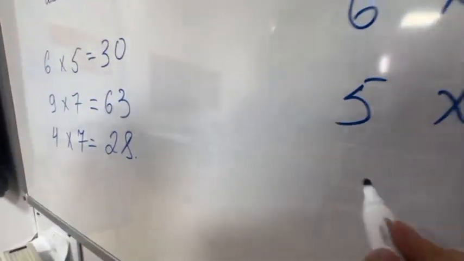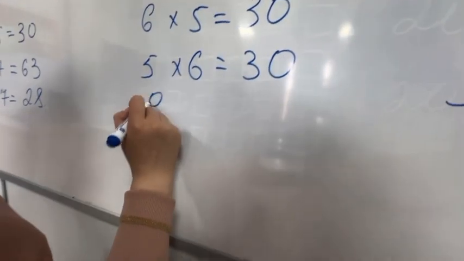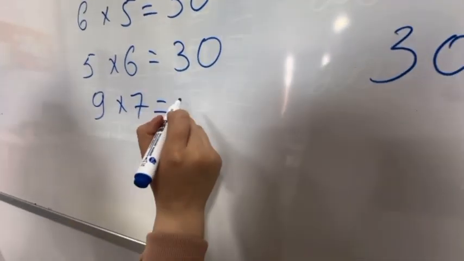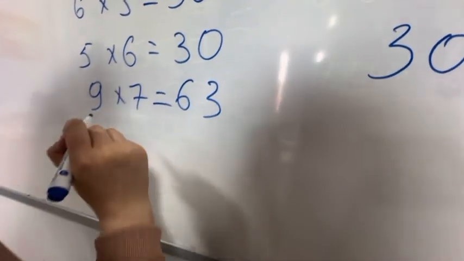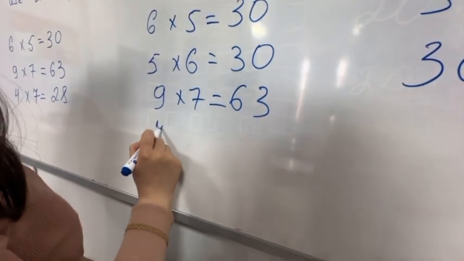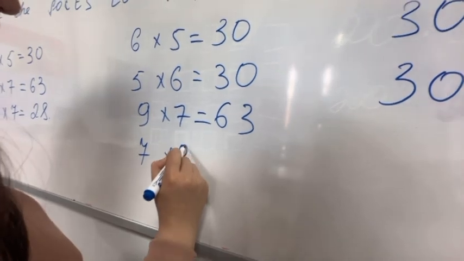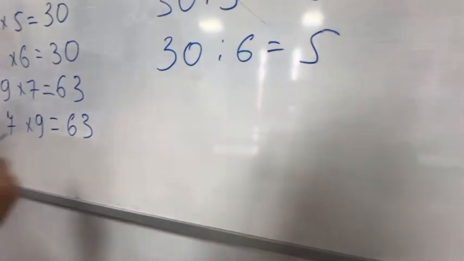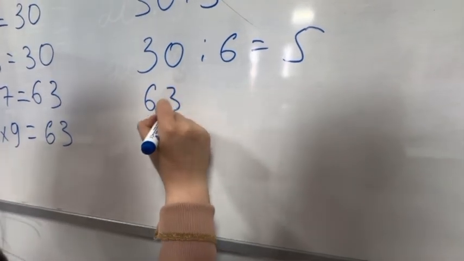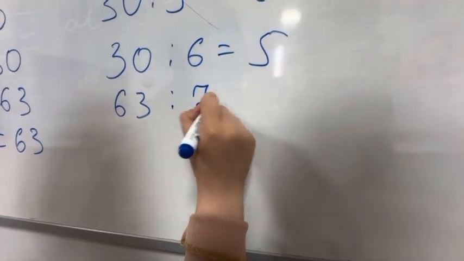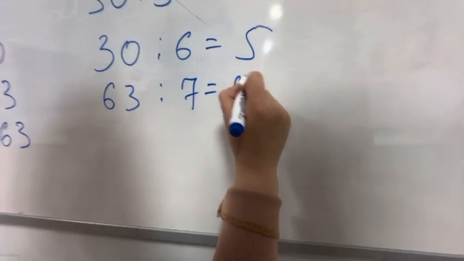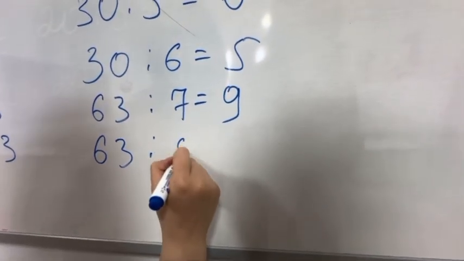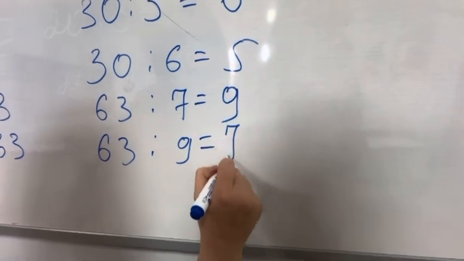And second task was 9 times 7 equals 63. 7 times 9 equals 63. 63 divided by 7 equals 9. 63 divided by 9 equals 7.